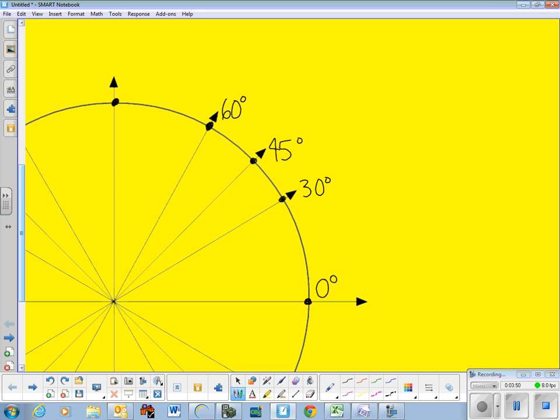So you can count by 30s, but also in between there you get that 45 spot. And then straight up would be 90 degrees. If I get all the way to up, I have rotated 90 degrees. So those shouldn't be much of a problem.